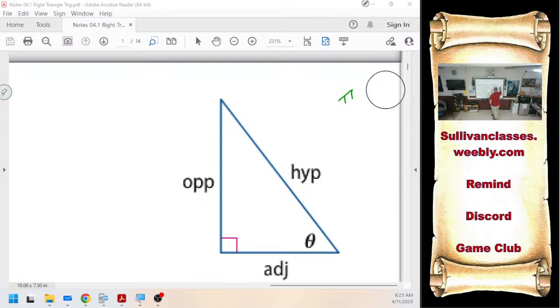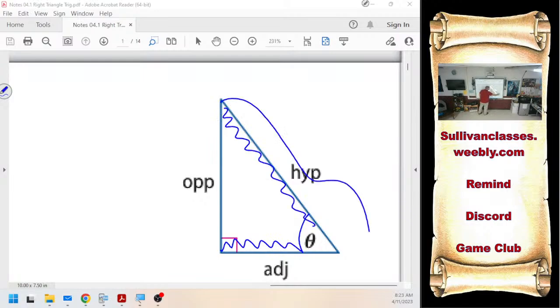So, we're going to name the angle theta, and the easiest way that I always remember this is that angle and the side immediately across from it is opposite, because the angle that you're looking at is going to be the gator mouth or the shark mouth or Pac-Man or whatever you want to call it. And that's the stick that you shove in his mouth so he doesn't eat your leg.